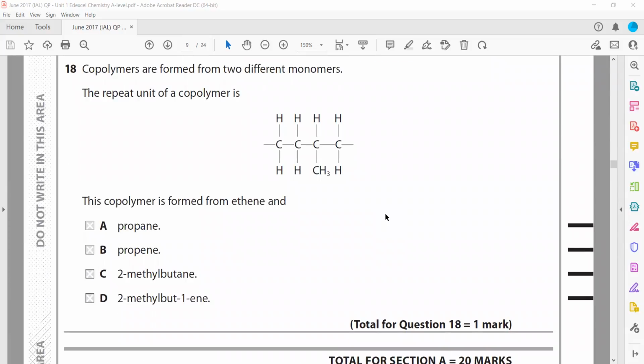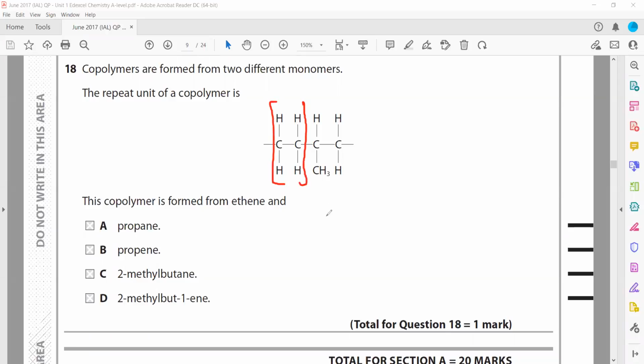Copolymers are formed from two different monomers. Two different types of monomers react to form these copolymers. The repeat units of the copolymers are shown. To identify the monomers, just break the two carbon atoms.